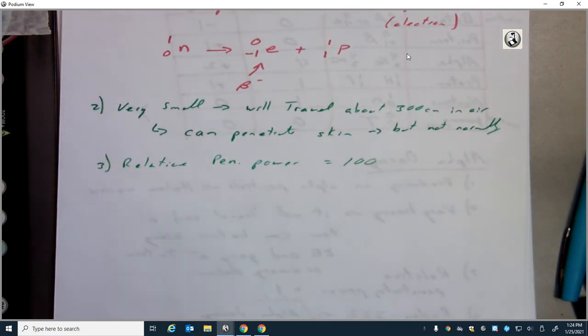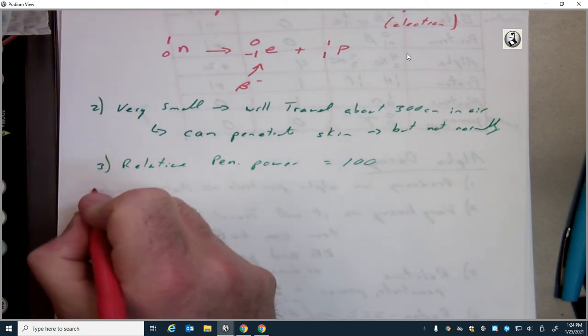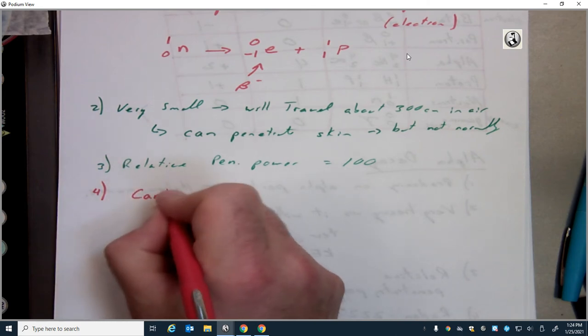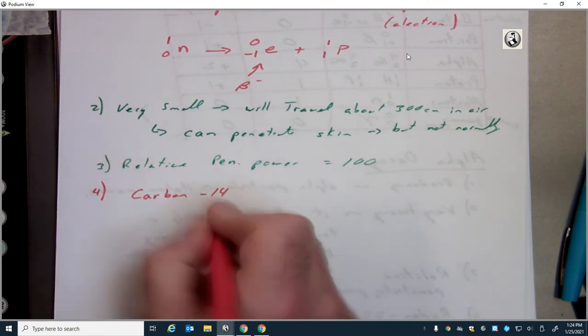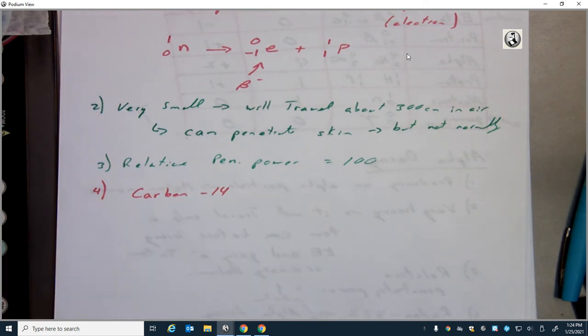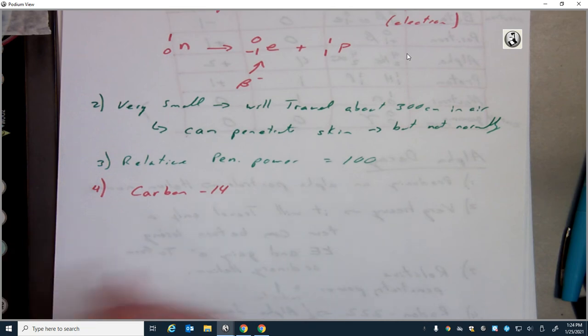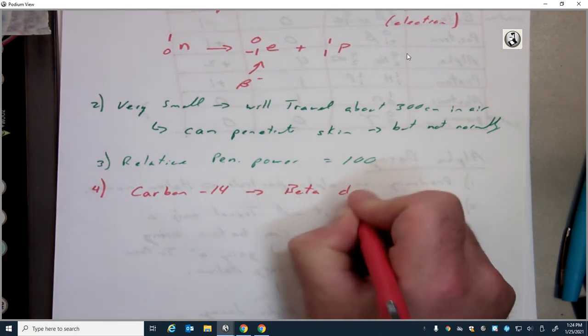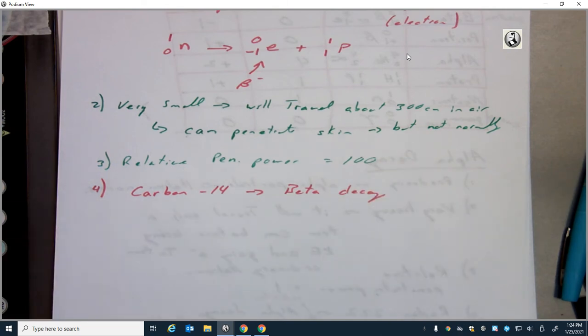An example of this decay mode is carbon-14. Carbon-14, which is what we use for radioactive dating of organic material, old living material, goes through beta decay. It's going to give off a beta particle.